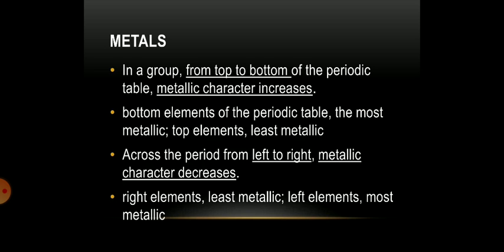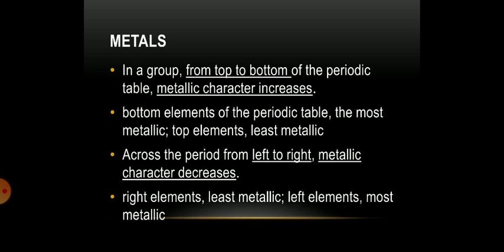This is the behavior of the modern periodic table. If we move from top to bottom, the metallic character, that is the metallic property of elements, goes on increasing. And if we look across the period, that is, if we move from left to right, metallic character decreases.